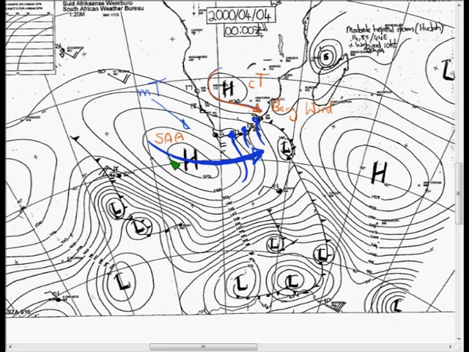And so you've got now cool, moist air, and look how far south it comes from. This air is coming from 20 degrees south, this air is coming from 50 degrees south, so it's much colder. Look at the temperature here at Marion Island, 3 degrees.